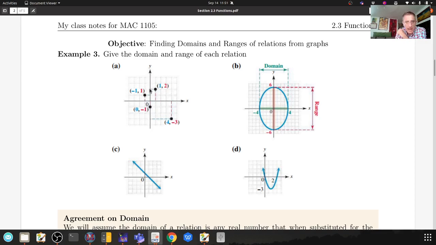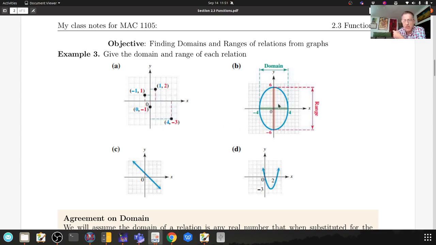Here, the y-axis is my vertical line. It does not intercept another point. Here I'm drawing a vertical line at x equals 1. It doesn't intercept another point. So this is definitely a function because there does not exist any vertical line I can draw anywhere that will intercept this graph twice.